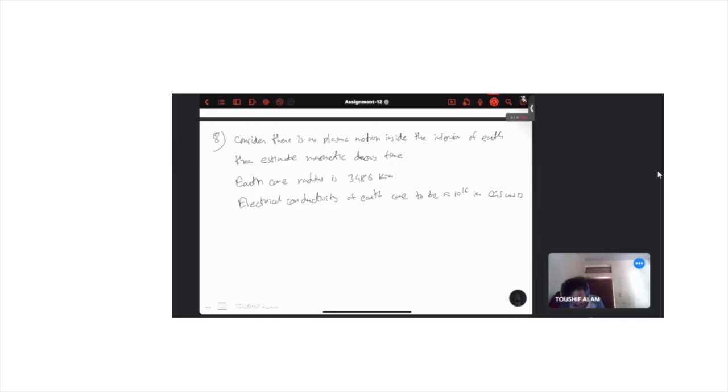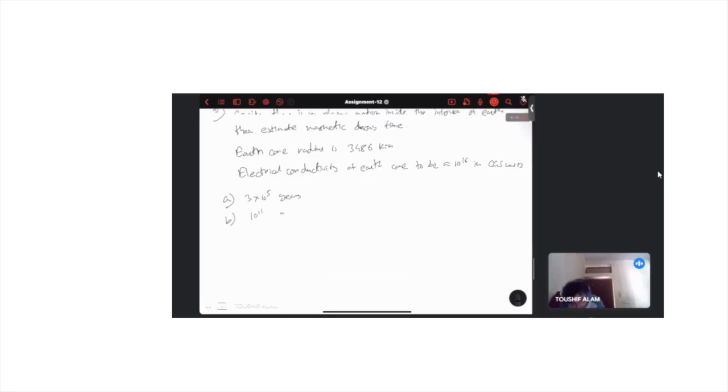Then what should be the decay time in years? Option A: 3 into 10 to the power 5 years. Option B: 10 to the power 11 years. Option C: 3 into 10 to the power 23 years. Option D: 10 to the power 3 years.